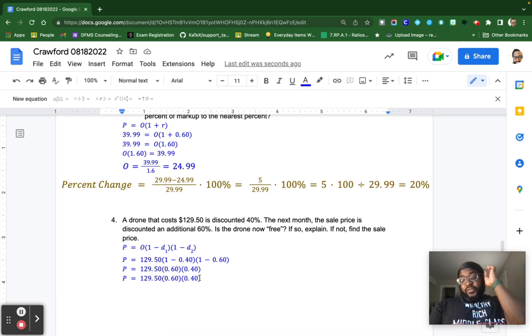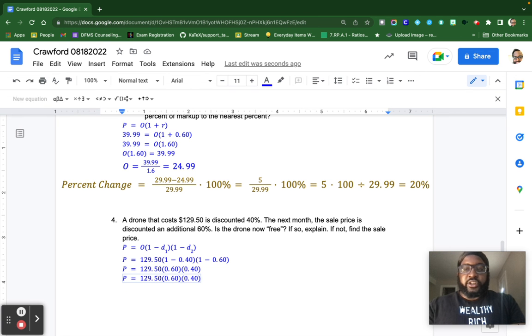I know that 6 times 4 is 24. So 0.6 times 0.4 is 0.24. So let me multiply the 0.6 times the 0.4, I get 0.24.